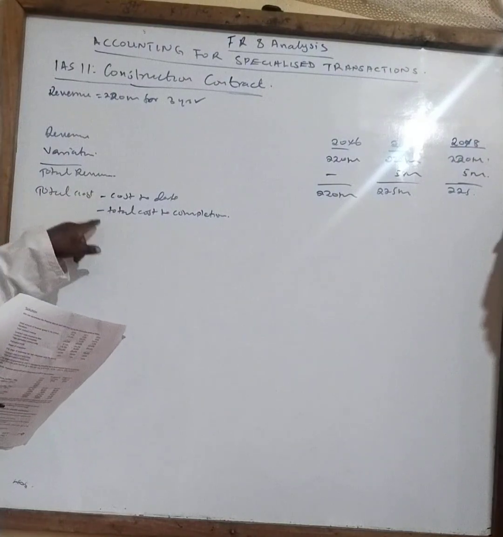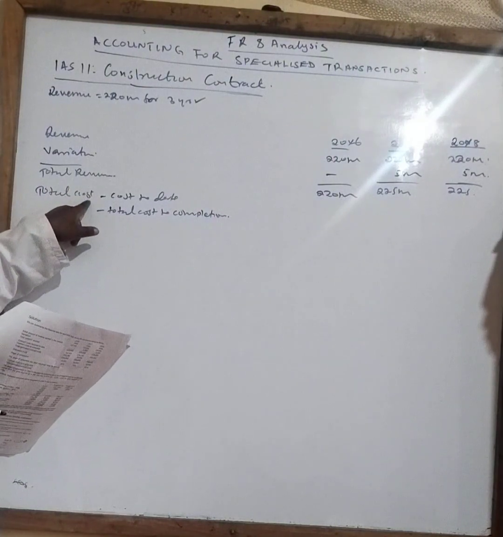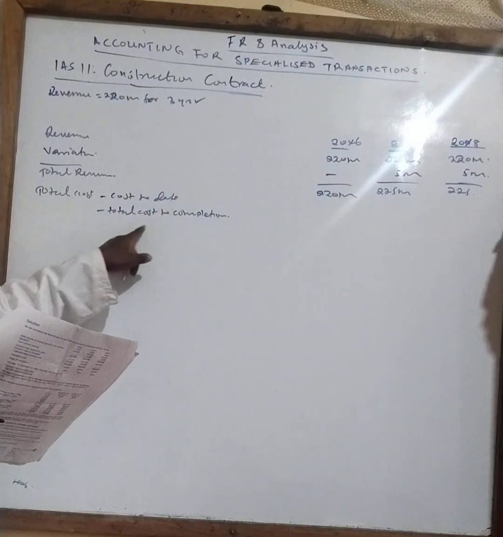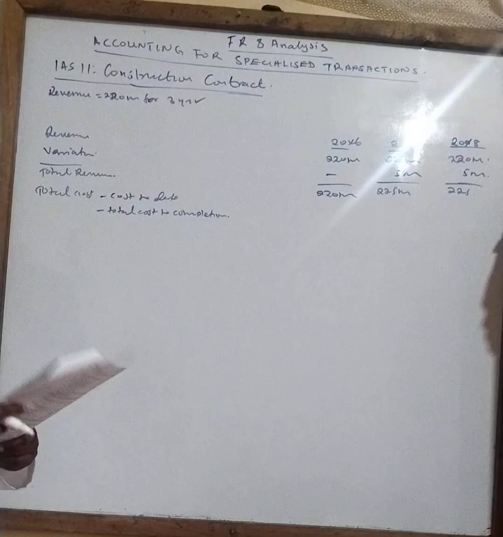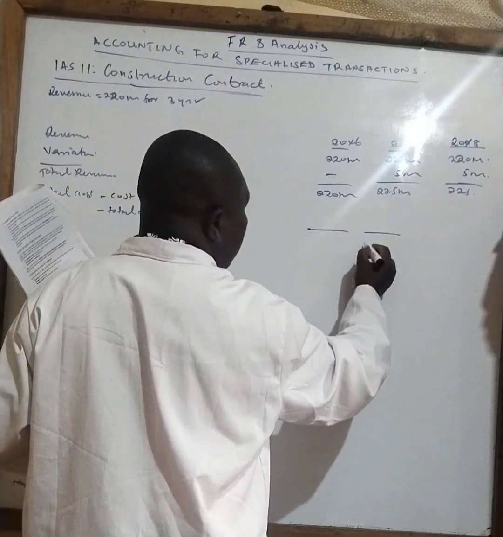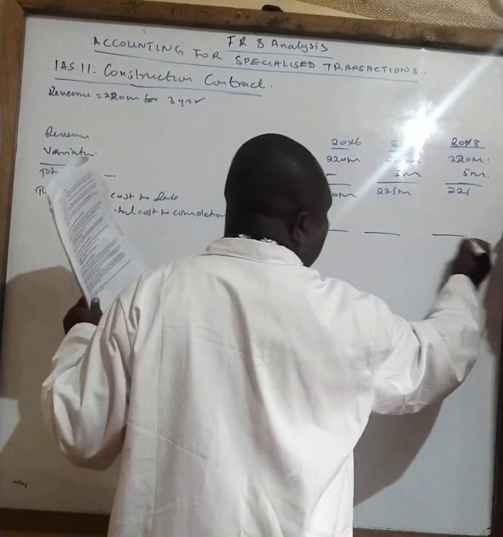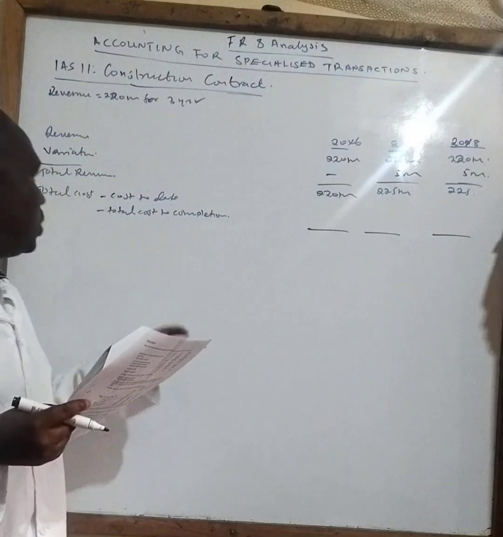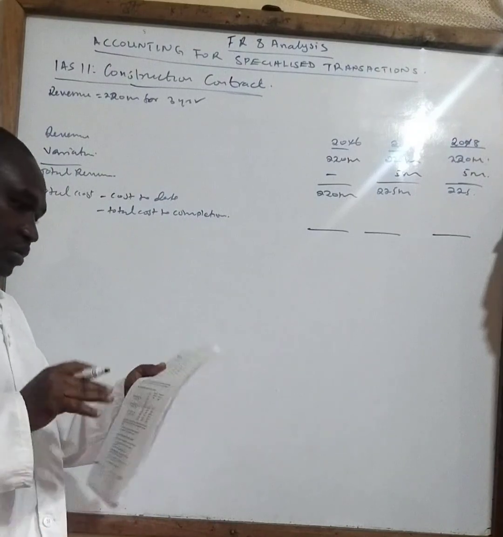Total costs is made up of cost to date and total cost to completion. Now in this case we have been told for this here, we have that, we have also this, and we have also that. So let's see what is going to happen.